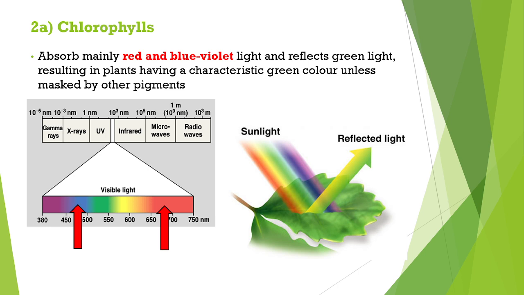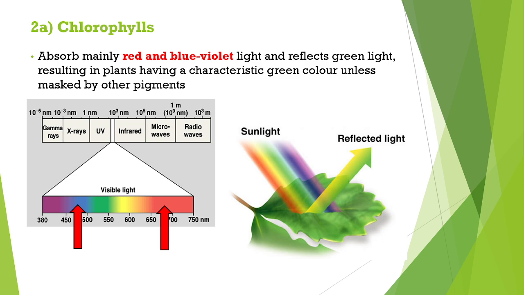So chlorophylls absorb mainly two colors, or two different ranges of wavelengths. We have the red color, which is 600 plus nanometers of wavelength, and the blue-violet colors, which is 400 plus nanometers of wavelength. So mainly chlorophylls absorb these two colors and reflect green light.